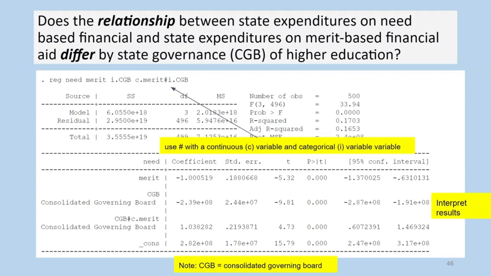Now this is saying it differs, however, by whether or not states have a consolidated governing board. The relationship between merit and need differs, because it's statistically significant here. You can't go beyond that and talk about this value.